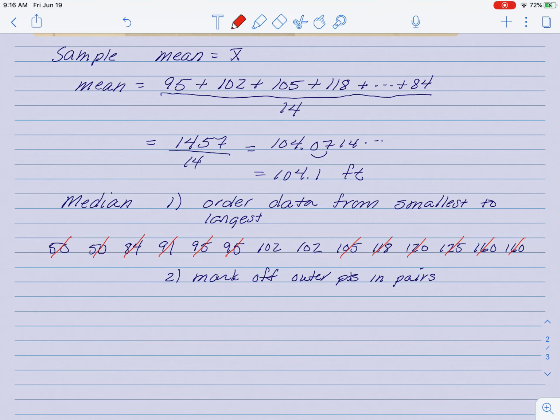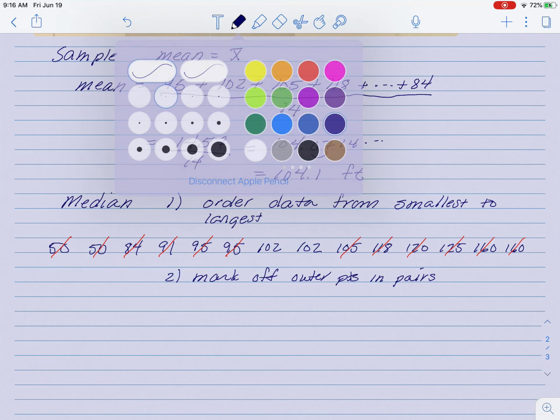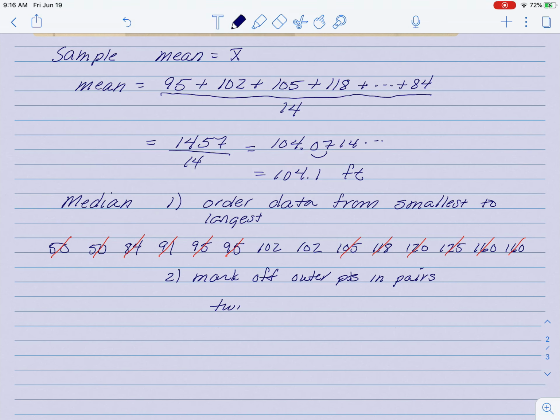Now notice we end up with 2 data points in the middle. And if I mark them off, I've marked off all my data points. So if you end up with 2 data points in the middle, you're going to average those data points.